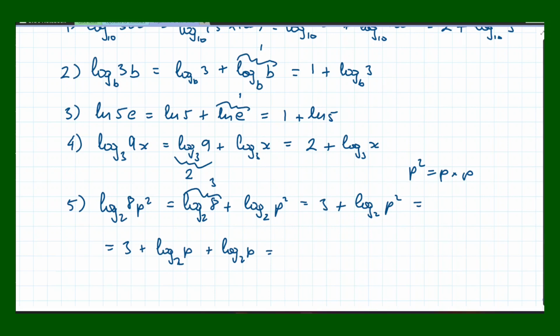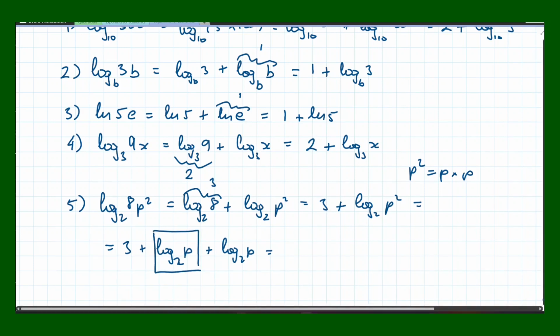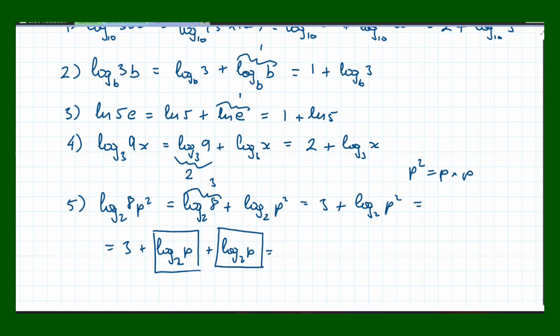I don't know what the argument is. But what I notice here is that I have some quantity, I don't know what that is, plus that same quantity once more, and I'm adding them together, so I'm going to end up with that same quantity twice. So this is actually equal to 3 plus 2 times log base 2 of p. Isn't that nice and easy?